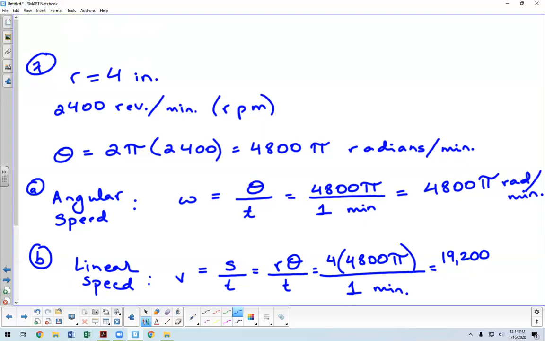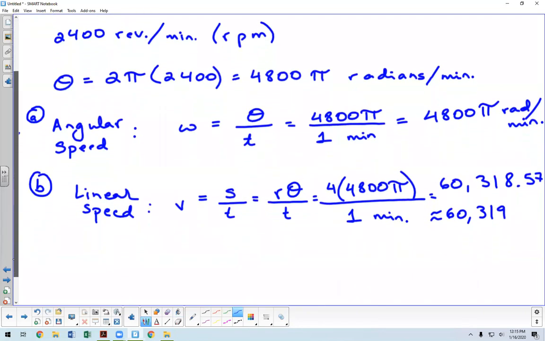Okay, so this answer actually is 4 times 4800 pi. It's coming out to be 60,318.57. So approximately 60,319.